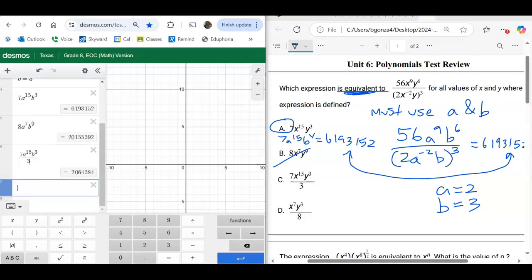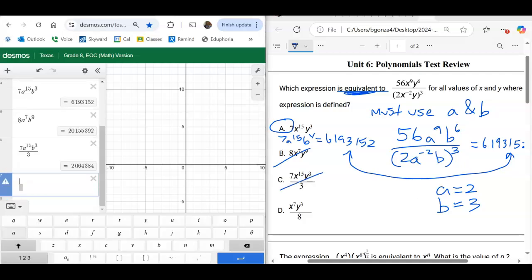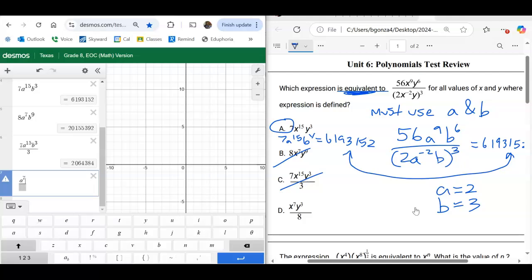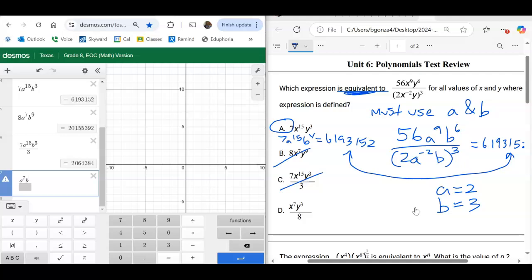That doesn't match. And then A to the power of 7, B to the power of 3 over 8. That doesn't match either, okay?